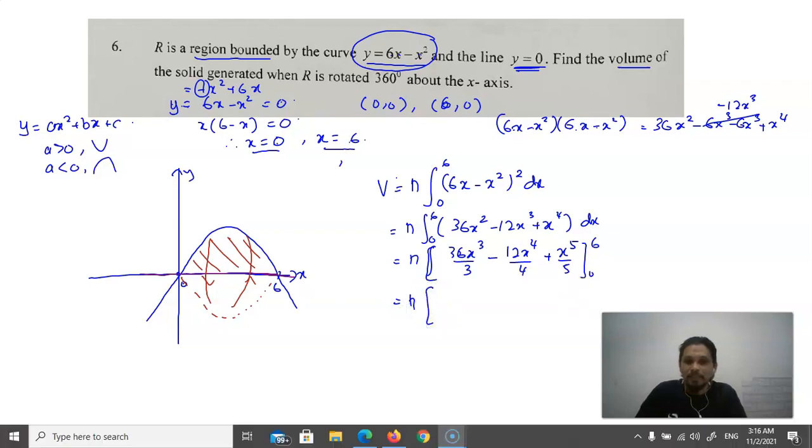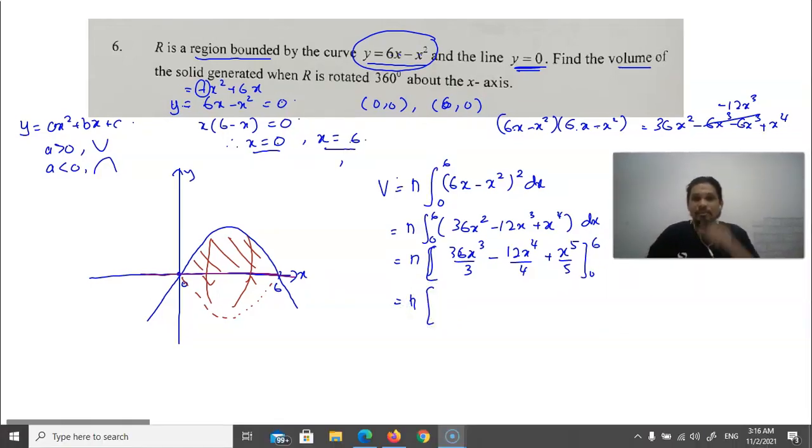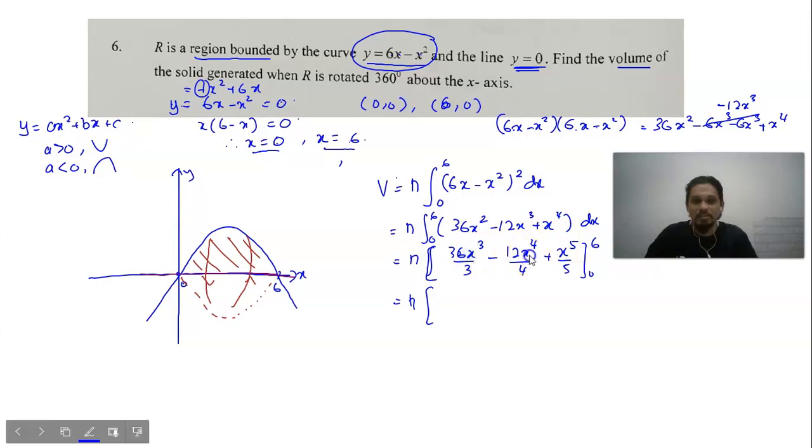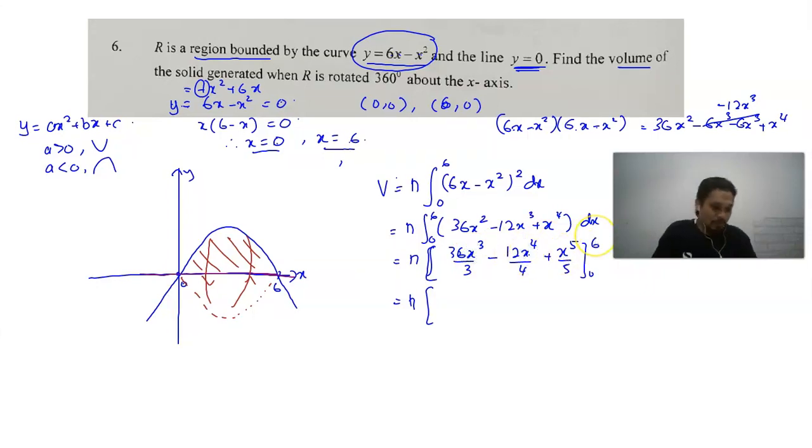Now, it's time for us to substitute the value of x with 6 first. So 6 here, here, and here. 6 cubed equals 216.